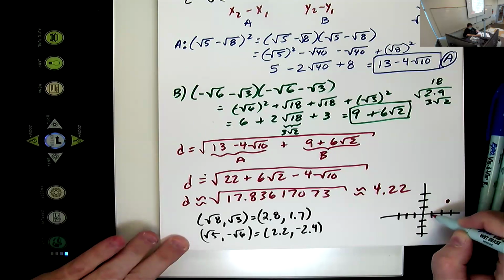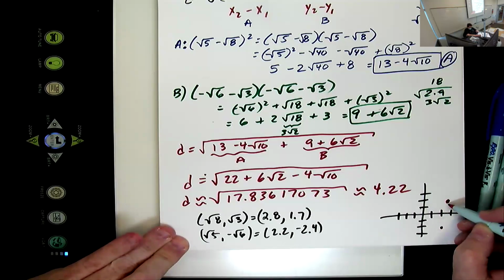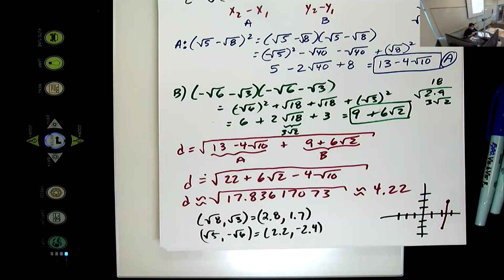And 2.2 and down. That might be about 4. That looks like it's a little over 4. Huh. Okay.